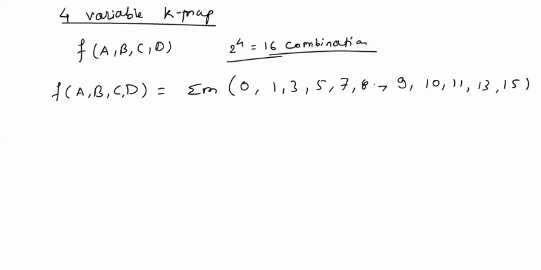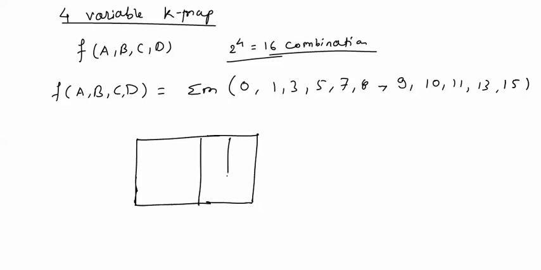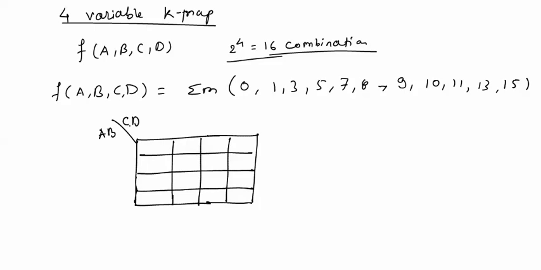For all these combinations the function has value logic 1. Now for four variables, the MSB will be here and the LSB will be on this side.